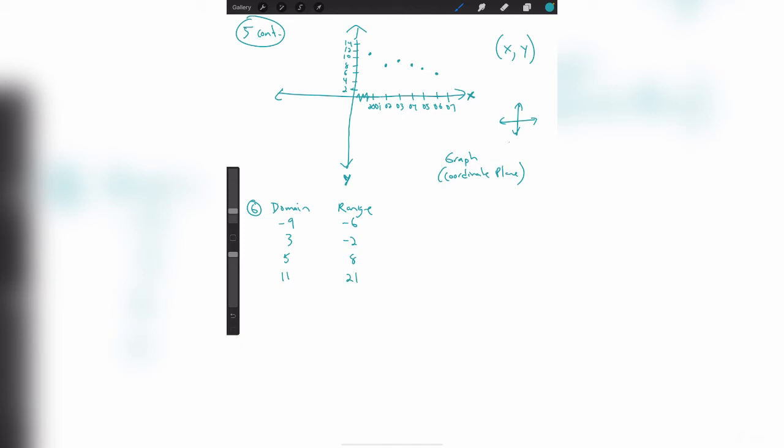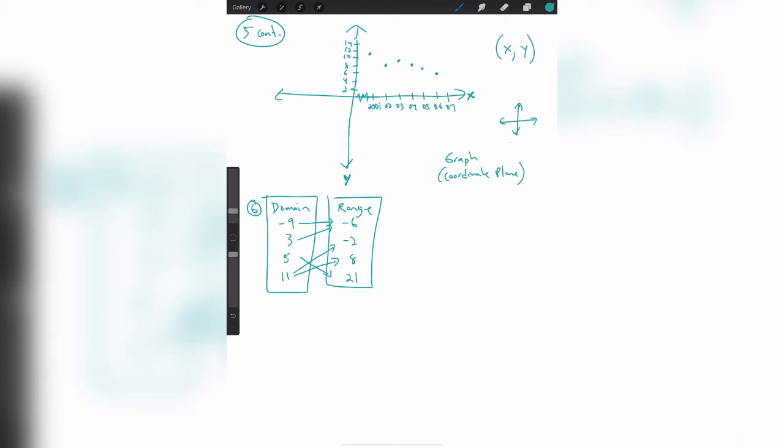Okay, so what they did was they gave me a mapping diagram, and they just combined these two together and said, hey, look, we're going to show you that -9 correlates to -6. 3 also correlates to -6. 5 correlates to 21, and 11 goes to -2 and to 8.